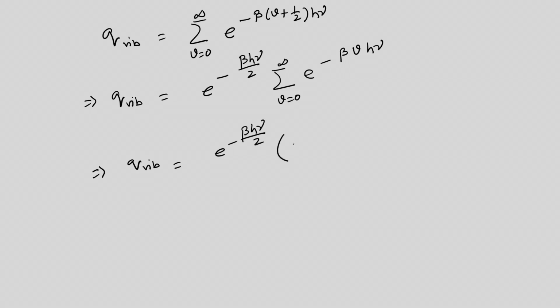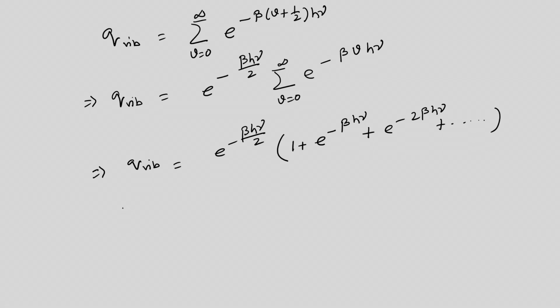Now, if we expand it, we get 1 plus e to the minus beta h nu plus e to the minus 2 beta h nu plus, and it goes on.